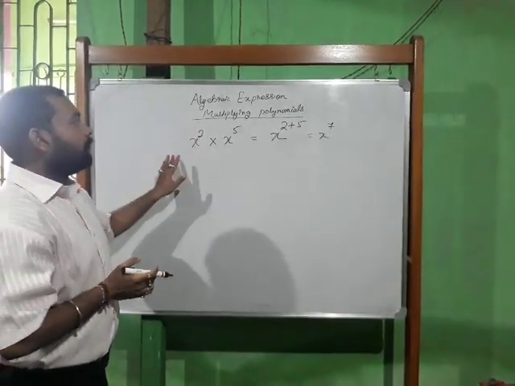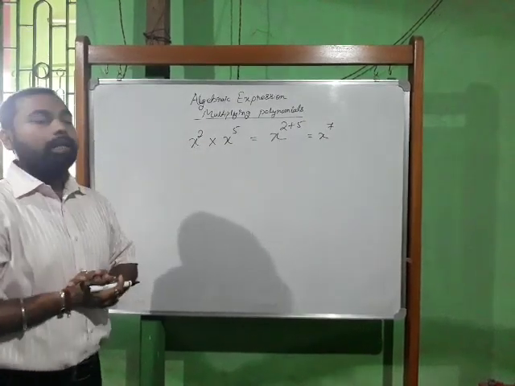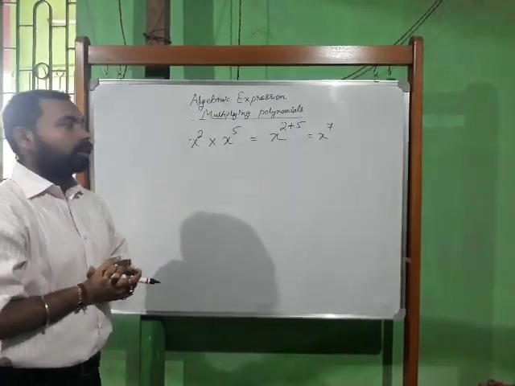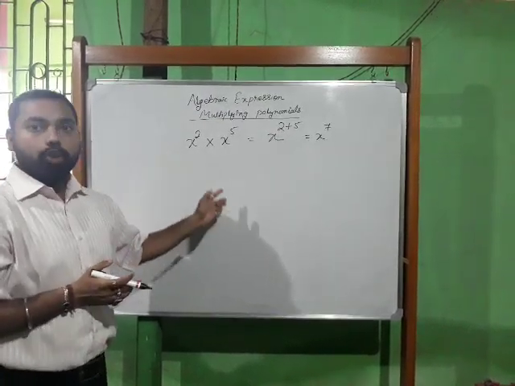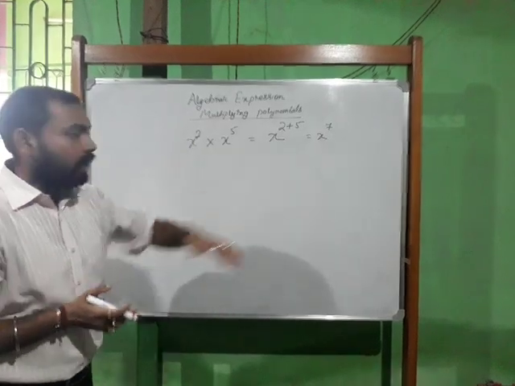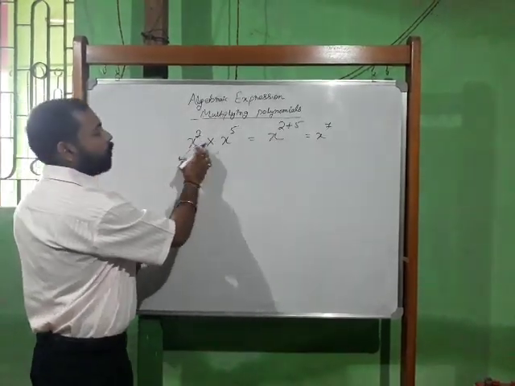Now we will be learning one by one how to multiply a polynomial with a polynomial, how to multiply a monomial with a binomial, and how to multiply a monomial with a trinomial. So this is an example of multiplying monomial with monomial.